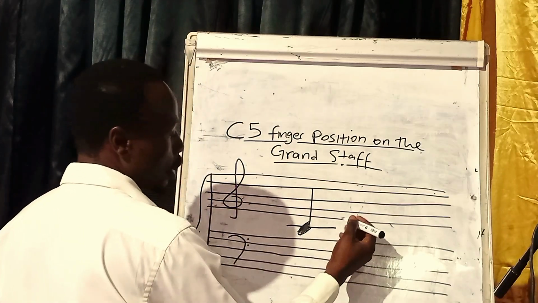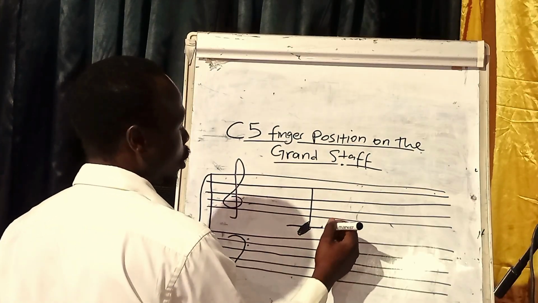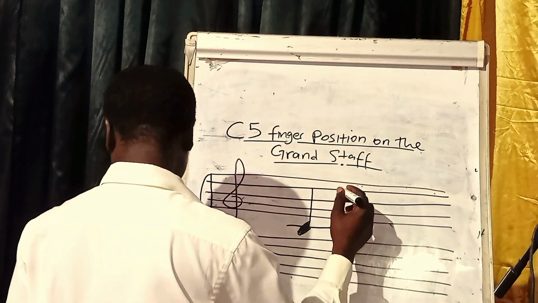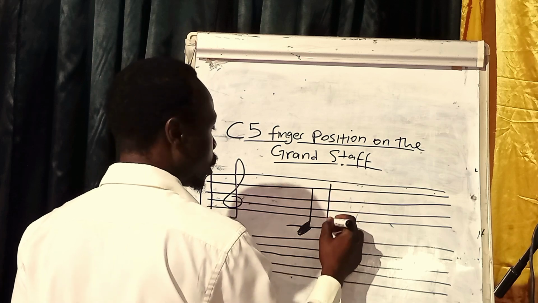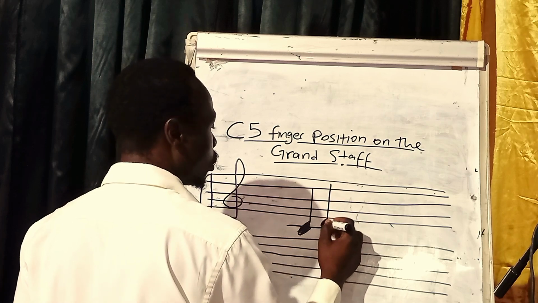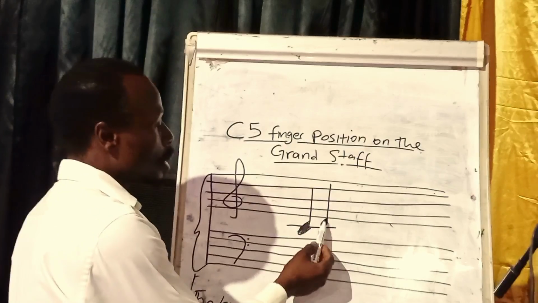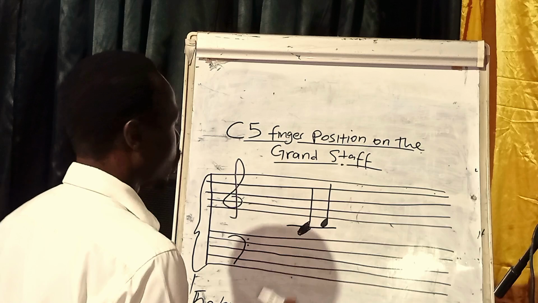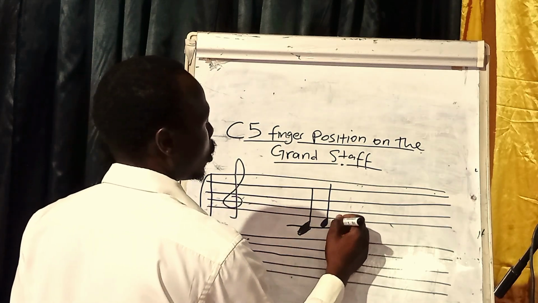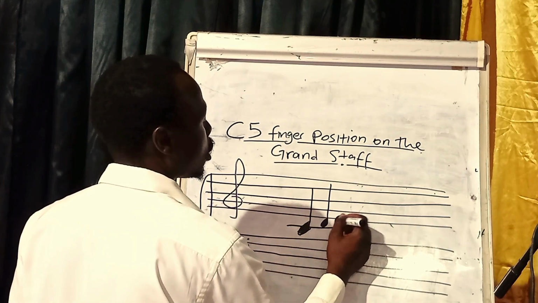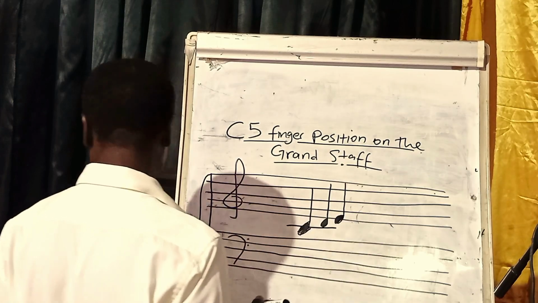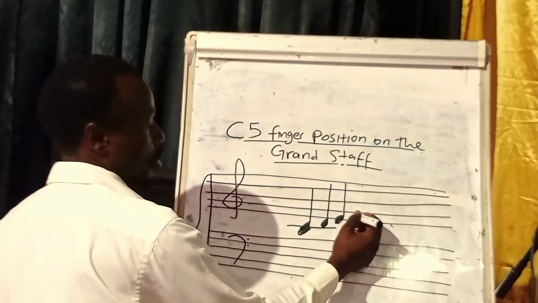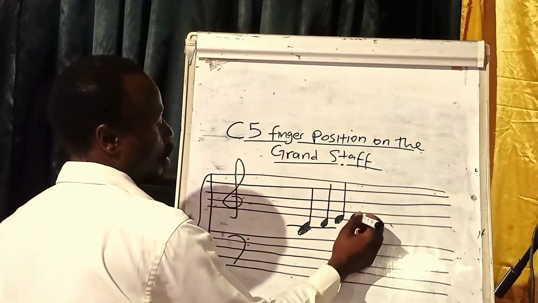Then now let's do D. D will come on the space after the ledger line. This is our D. Then let's do E. E will come here on the first line, like this. Then let's do F. F comes on the first space.